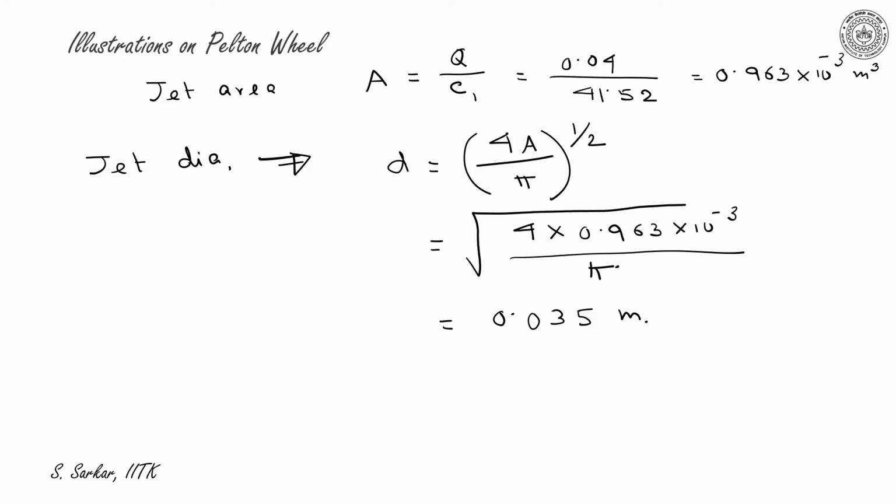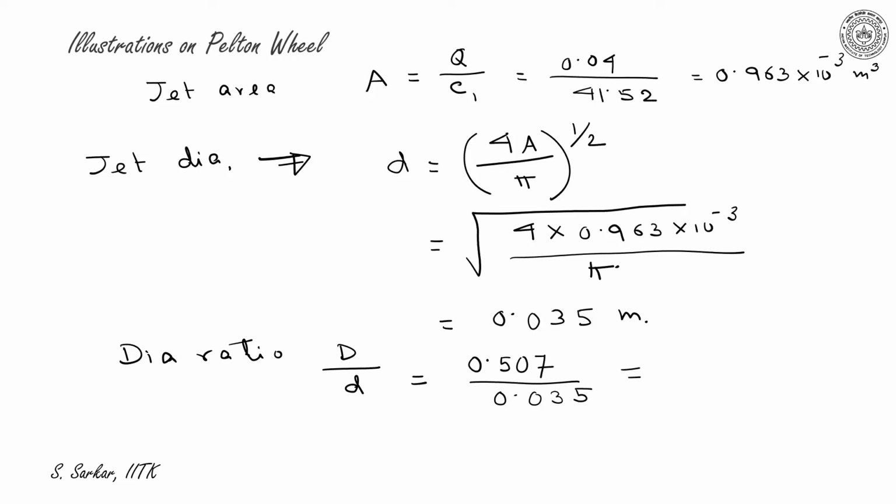The diameter ratio can be projected as the wheel diameter, capital D, divided by jet diameter, is equal to capital D is 0.507 divided by 0.035.